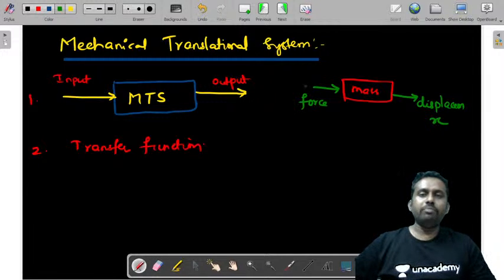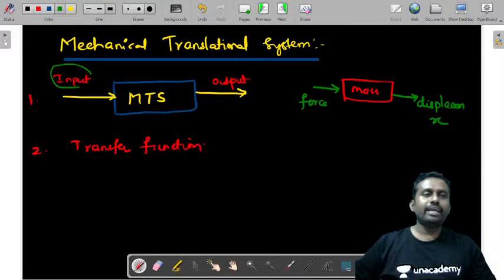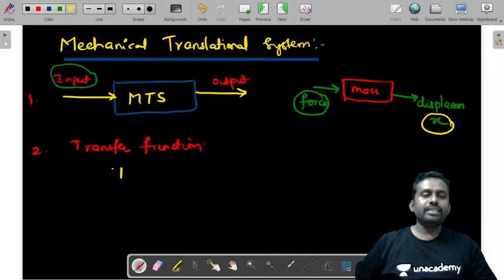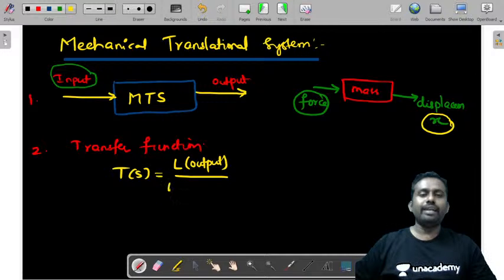So the input here for a mechanical translational system is force, and the output is displacement. So what is the transfer function T of s? You always have to write Laplace of output to Laplace of input. So you need to take the Laplace transform.